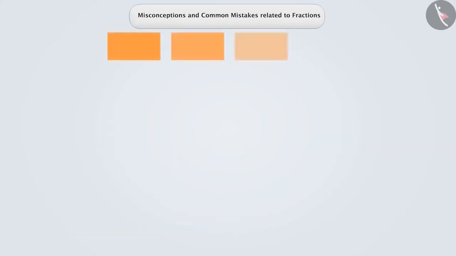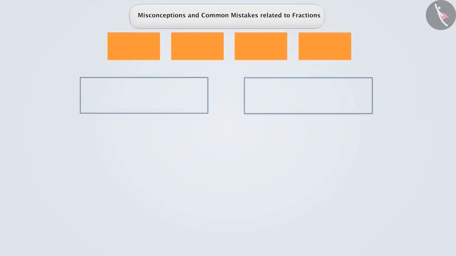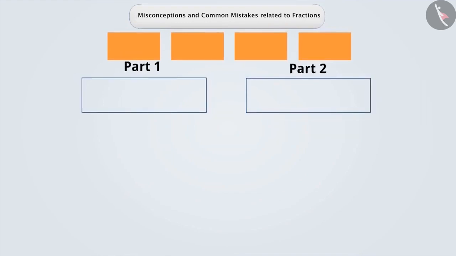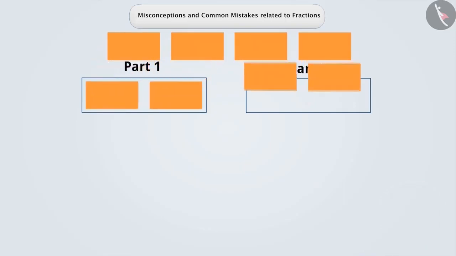Sometimes, it is not understood correctly that equal parts can be formed in different ways. For example, if you have 4 papers and you divide them into 2 equal parts, then how will you do it? Think for a while. Let me tell you. One way is to keep 2 out of 4 papers in each section.